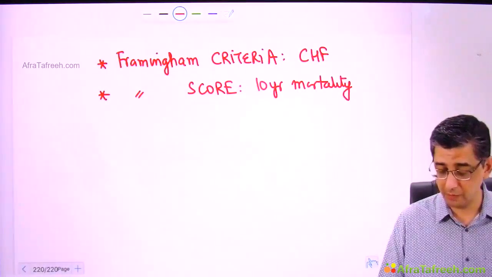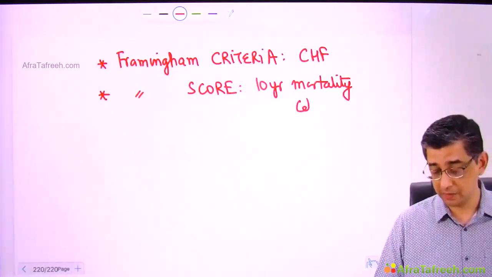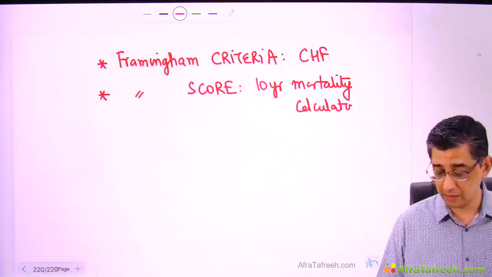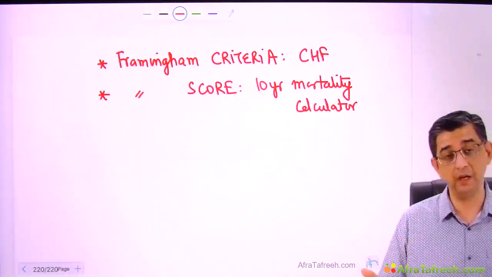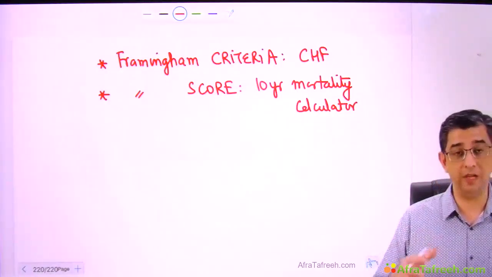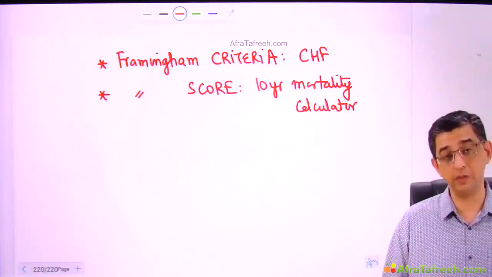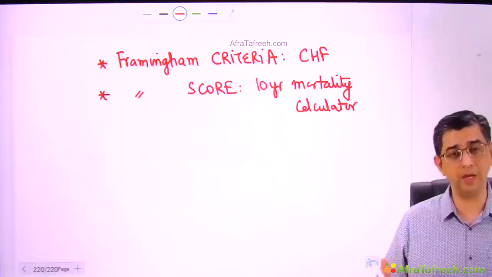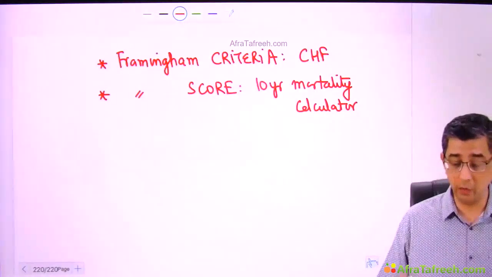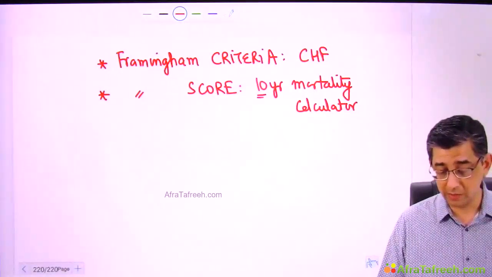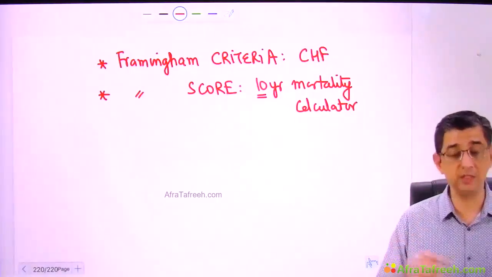This is available online, and the person needs to put in standard information like the age, gender, whether he's a smoker or not, the values of cholesterol, that is the bad cholesterol value specifically, and a couple of other details, and the software will tell you what the chances are that the person will develop a coronary event in the next 10 years.